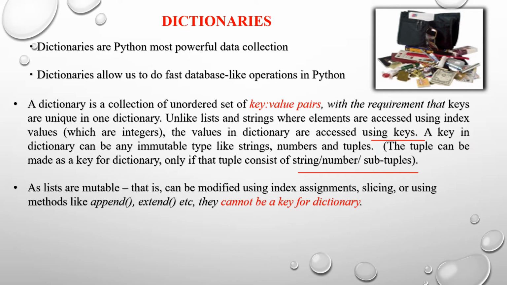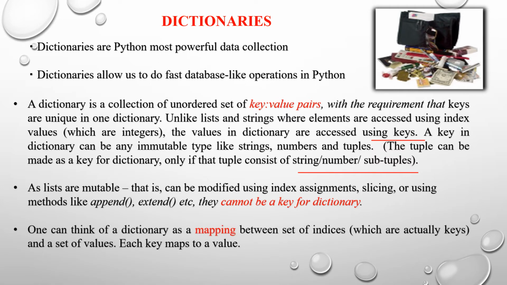As lists are mutable, that is, they can be modified using index assignment, slicing or methods like append, extend, etc., they can't be keys for dictionaries. One can think of the dictionary as a mapping between a set of indices, which are actually keys, and a set of values, each key mapped to a value.